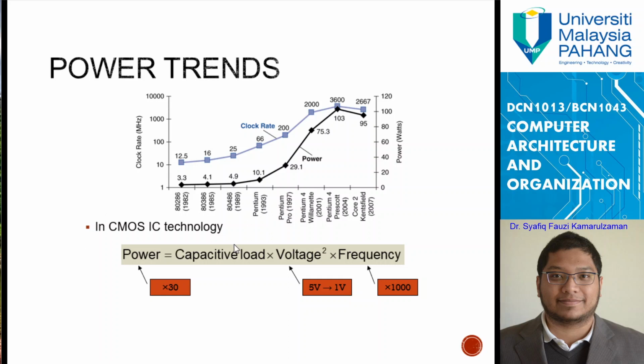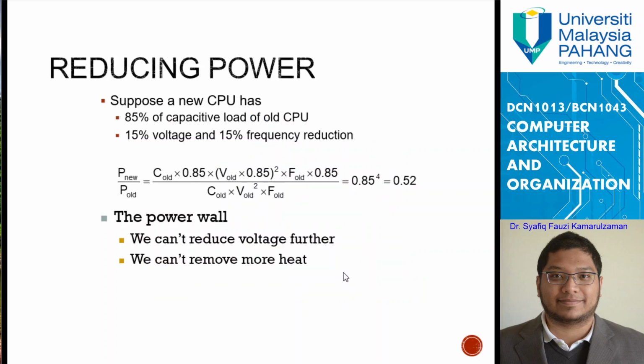So power is equal to capacitive load times voltage squared times frequency. In this case, power is times 30: capacitive load and voltage is actually 5 volts to 1 volt, and frequency is 1000. This is just one example.